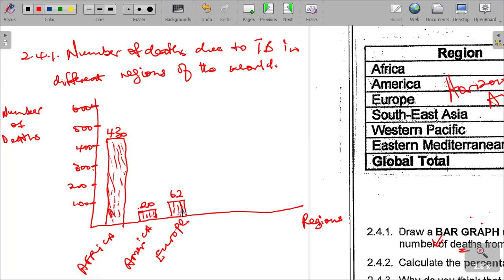And then my next bar is Southeast Asia. Southeast Asia is 480, which is supposed to be almost close to 500, but not 500.